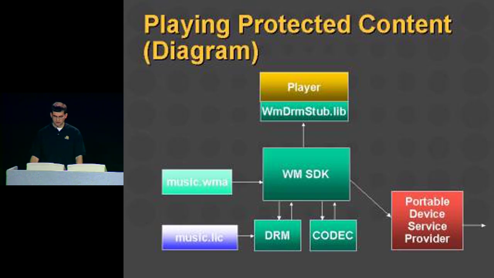When the SDK is reading the WMA file and detects that it's protected content, it invokes the DRM system, which looks in a special place on the user's computer, finds the license file, and checks to make sure that the rights are available. If they are available, it will just play. This piece I'm going to go into in a lot more detail later. The player can also say, move this content to a portable device, and this component will get invoked to handle that.